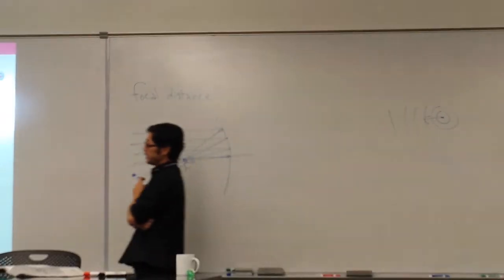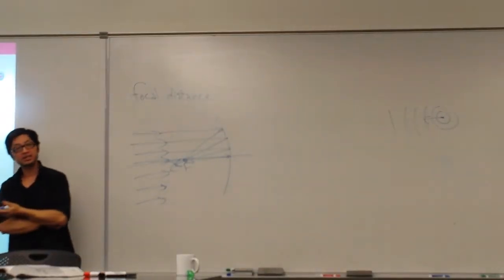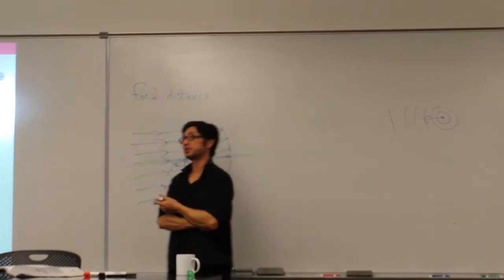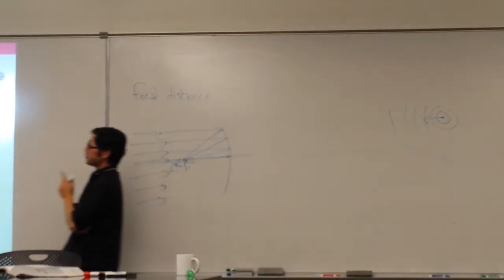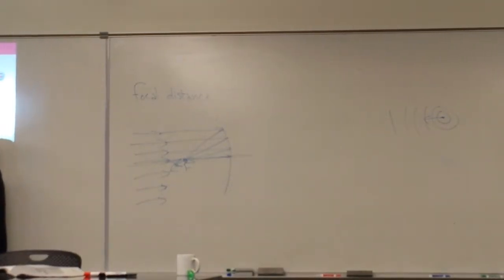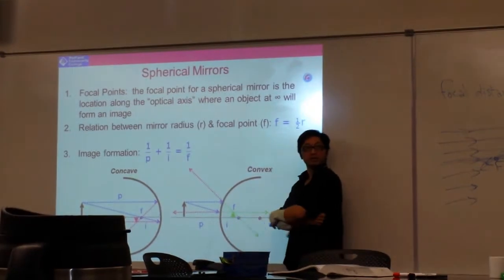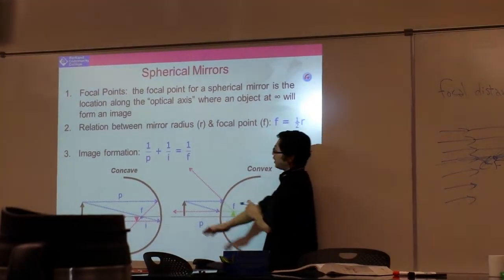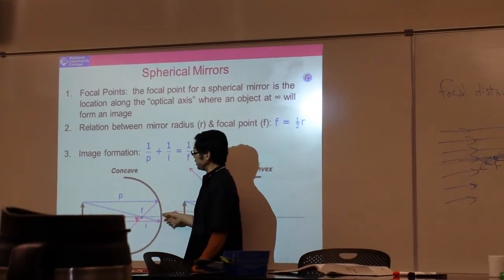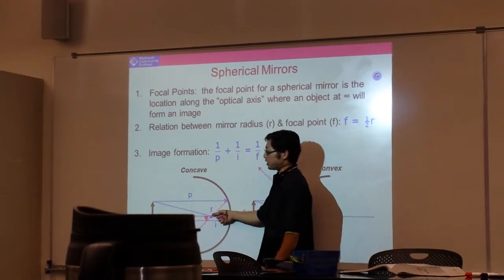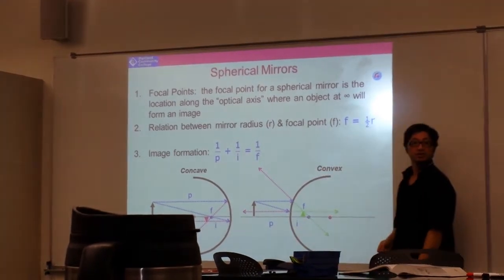What if you have a convex lens? Well, in that case, you have virtual rays that go through the focal distance, because the focal distance for a convex mirror is on the other side of the reflecting surface. Whereas for a concave mirror, the focal distance is on the front side of that reflecting surface.